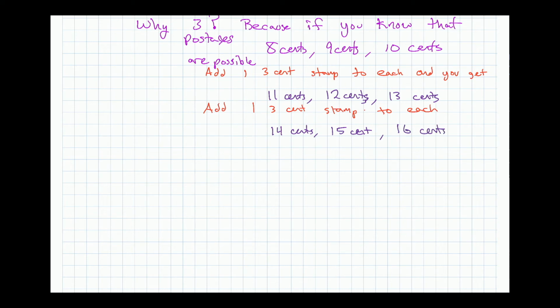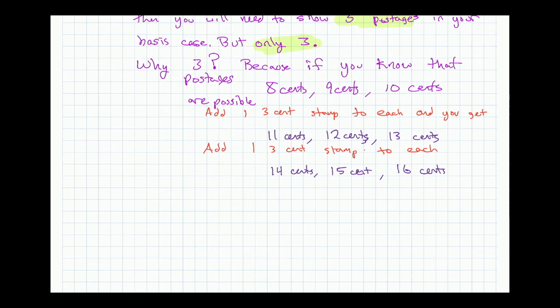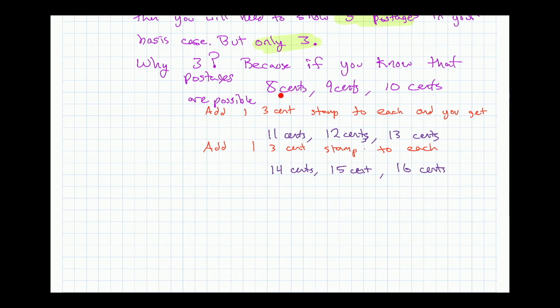Okay, and so on. So the idea here is it's got to be 3 that you have to show, because when you take your first value that you're able to do, the 8, and then you add your smallest stamp, which was 3, that's going to take you to 11.